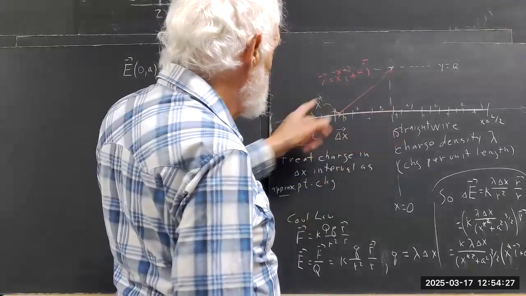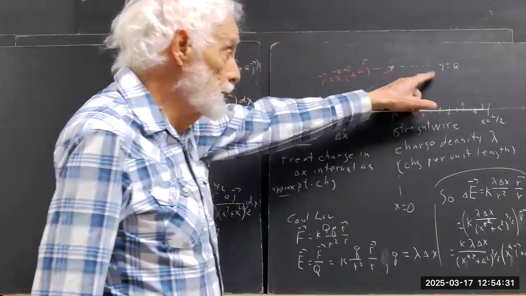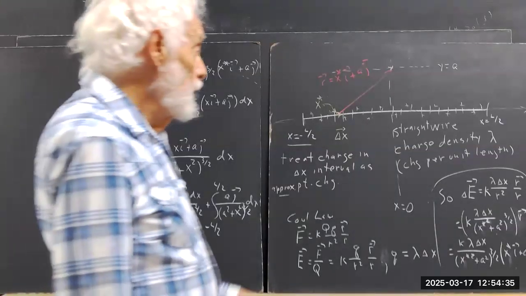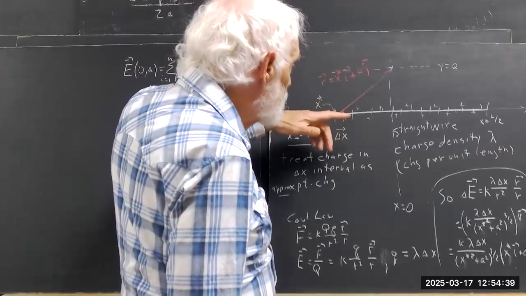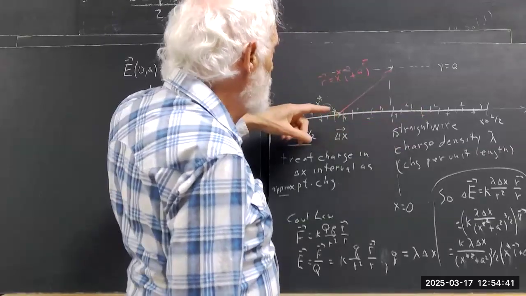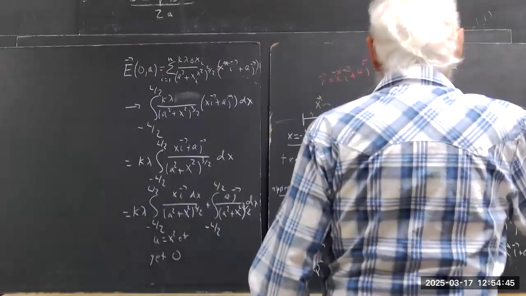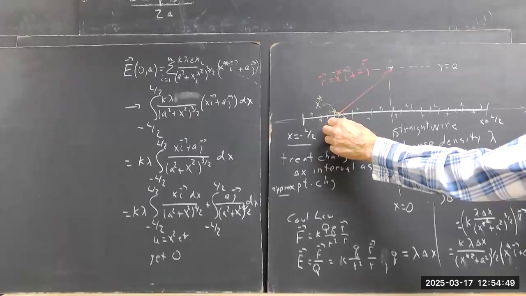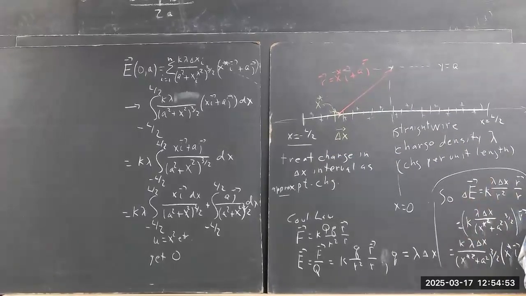Symmetry, because I've got this symmetric with respect to the y-axis, and the point a on the y-axis. Okay. Geometrically, you get vector components in the i direction pointing this direction from the left and pointing in this direction to the right. And for every increment over here, you've got an increment over here that gives you the equal and opposite x component.